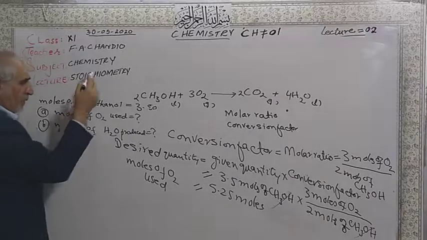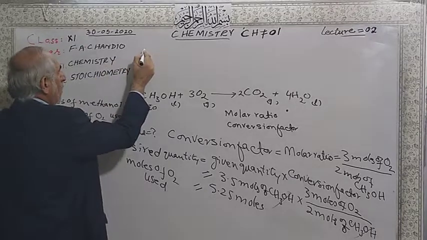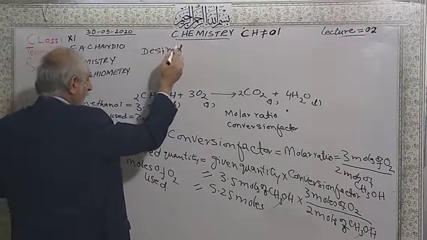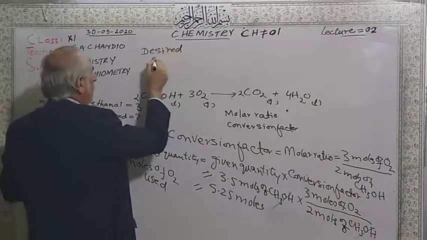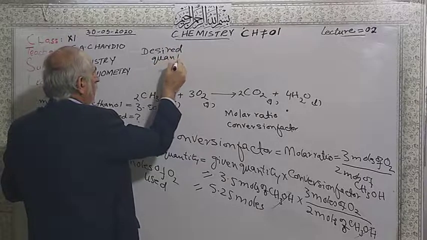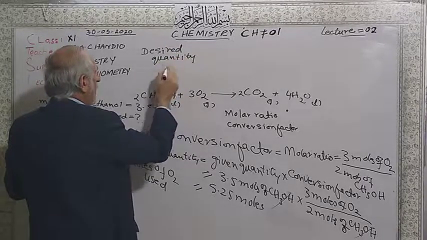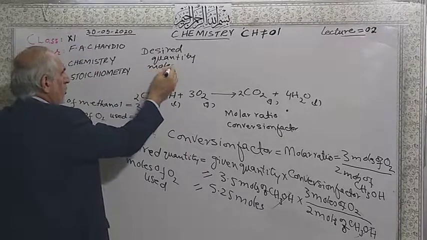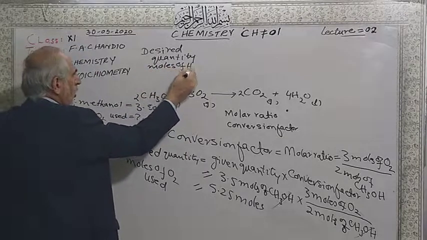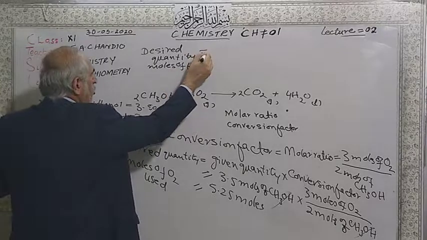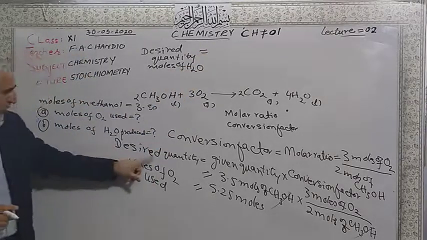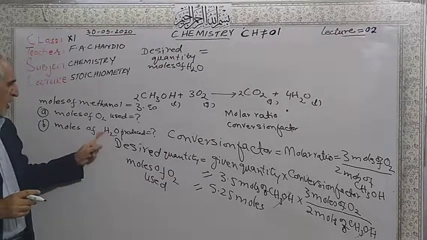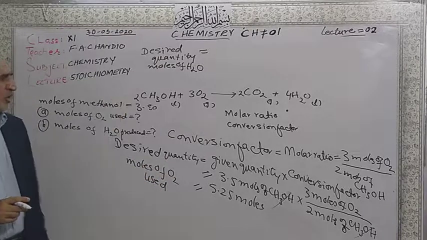So again, desired quantity means moles of water. Moles of water, this is your desired quantity. Before, moles of oxygen used up, and now how many moles of water are produced. This is the question here.